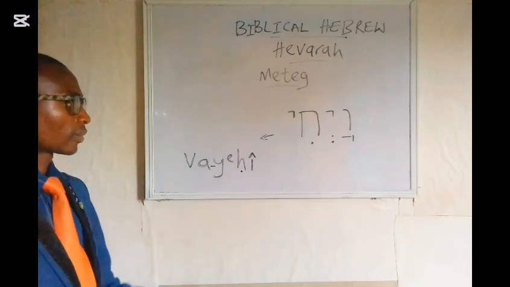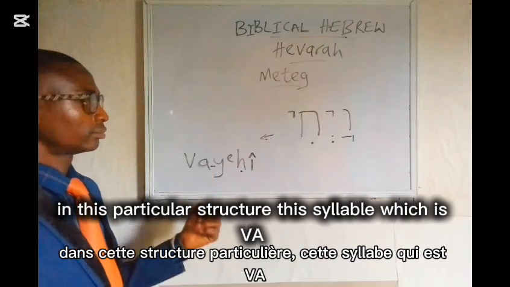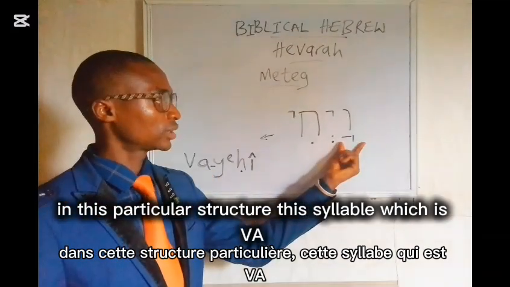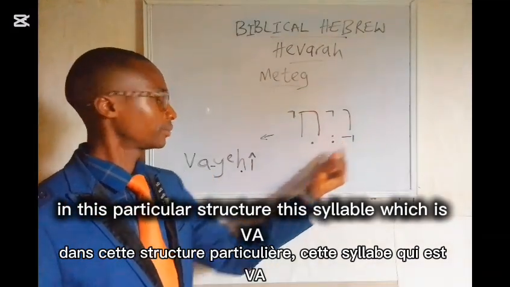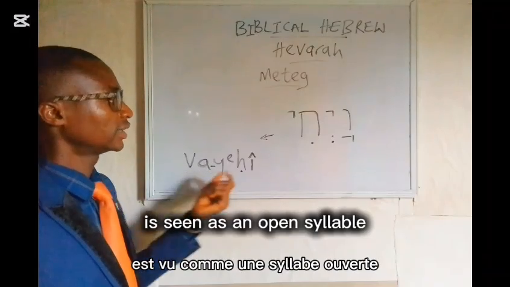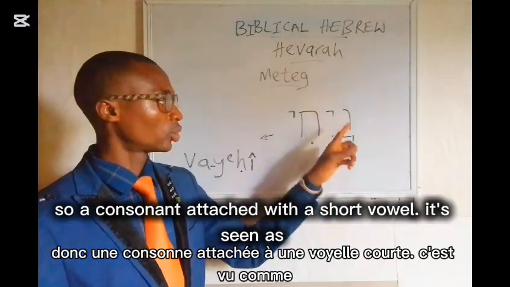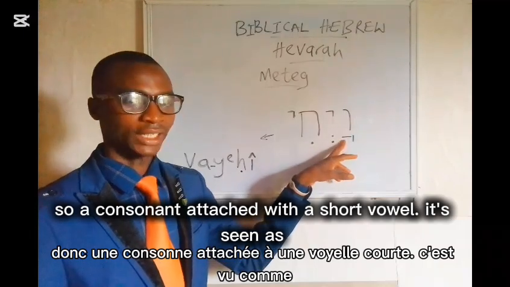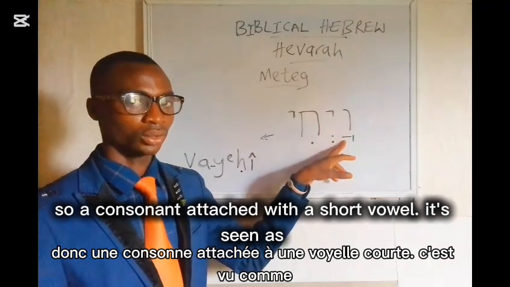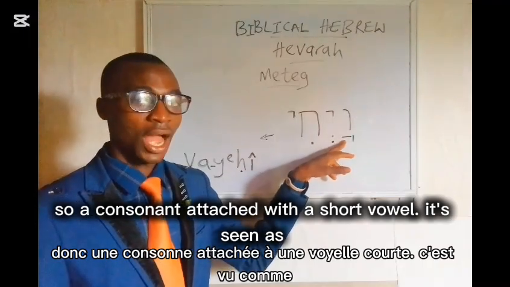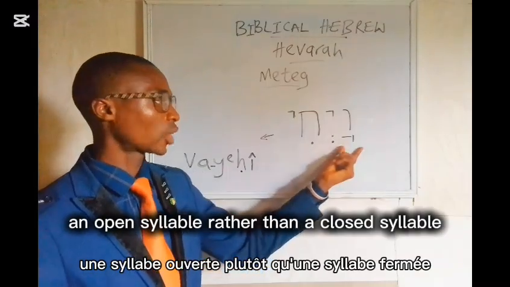In this particular structure, this syllable, which is wa here, is seen as an open syllable. So a consonant attached with a short vowel is seen as an open syllable rather than a closed syllable.